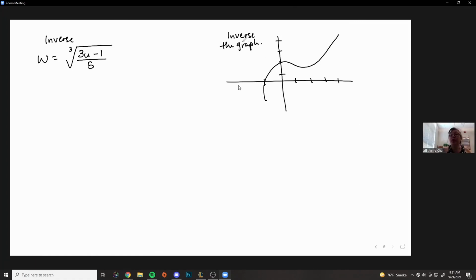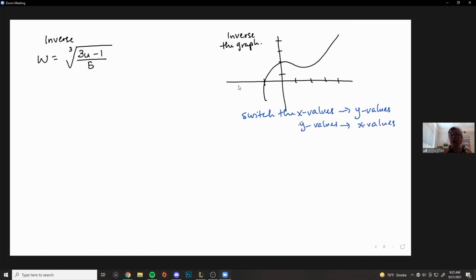Yes. So what you do is, when you are given a graph and you're asked to inverse the graph, you just switch the X values to Y values and switch the Y values to X values.